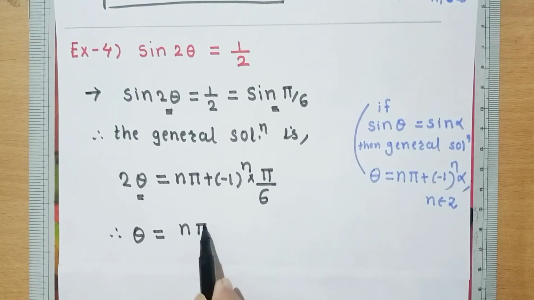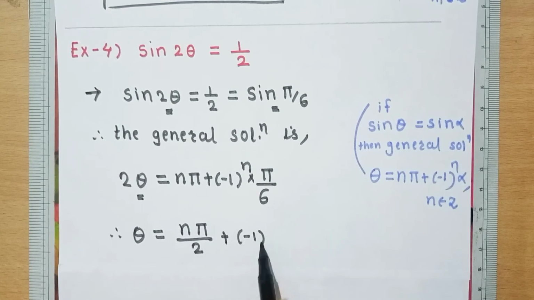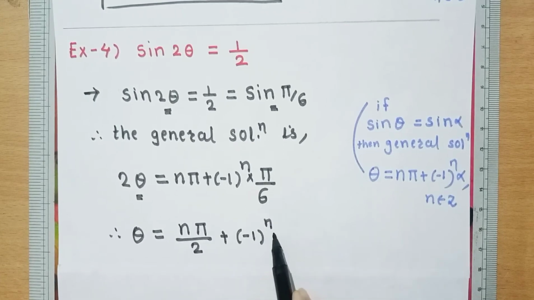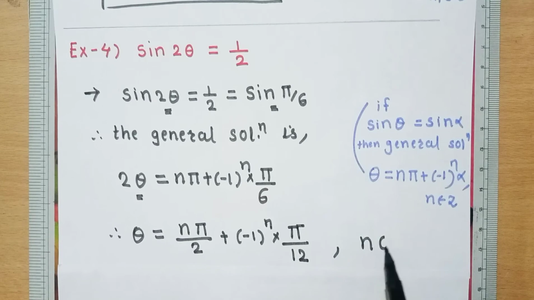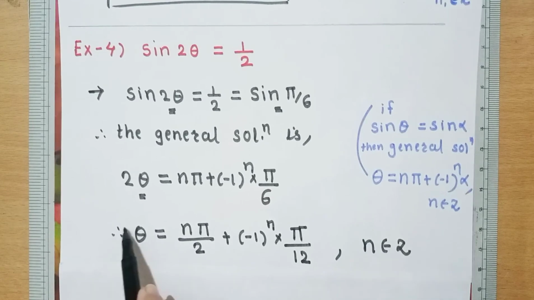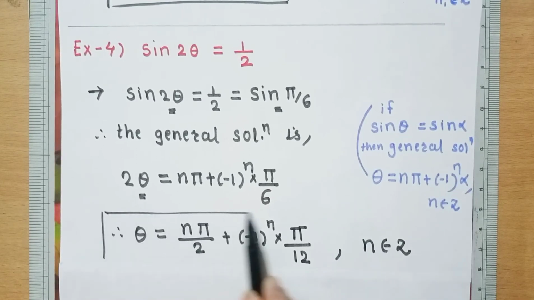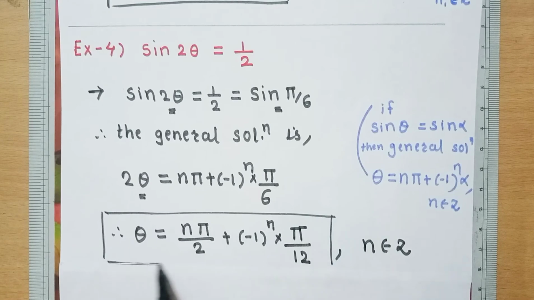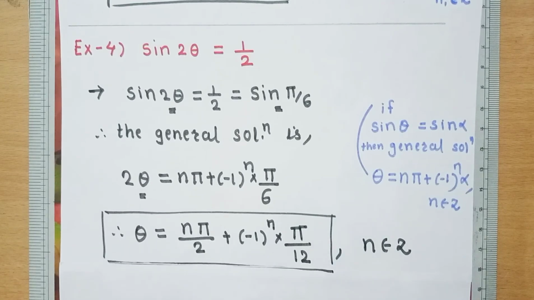So n pi upon 2 plus minus 1 raised to n, and here also we will divide, so pi by 6 2s are 12, where n belongs to z. This is the general solution of the given example.